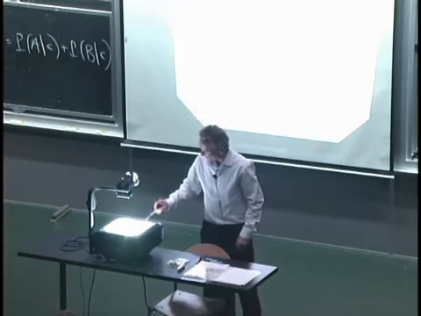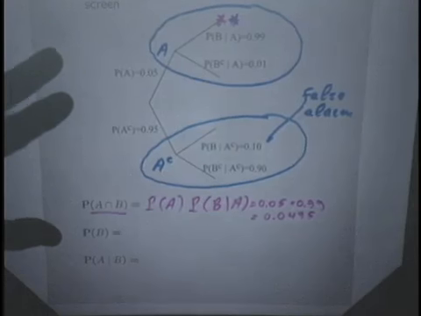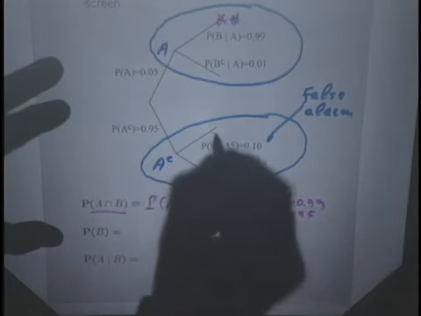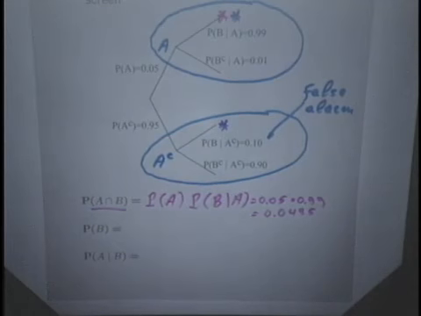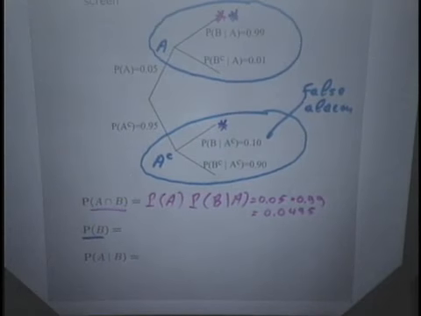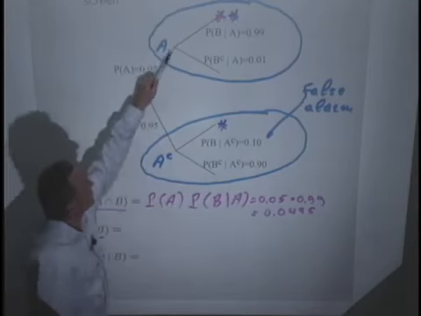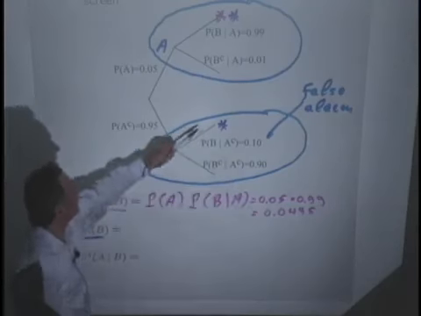OK, this is an event that can happen in multiple ways. It's the event that consists of this outcome: there is a plane and the radar registers something, together with this outcome: there is no plane, but the radar still registers something. So to find the probability of this event, we need to add the individual probabilities of these two outcomes. For the first outcome, we already calculated it.